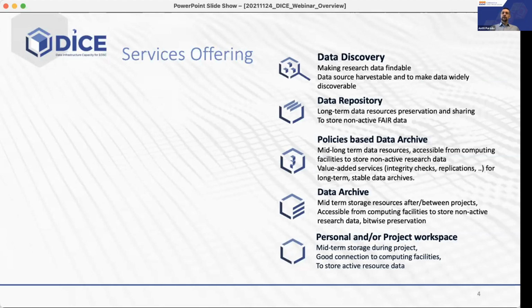And then there are data archives, which are basically the pure archive to store research data. And finally, there are so-called personal or project workspaces, which is basically a cloud service to store and share files and directories. So it's ideal for small teams or projects, or even larger teams to collaborate on active data.